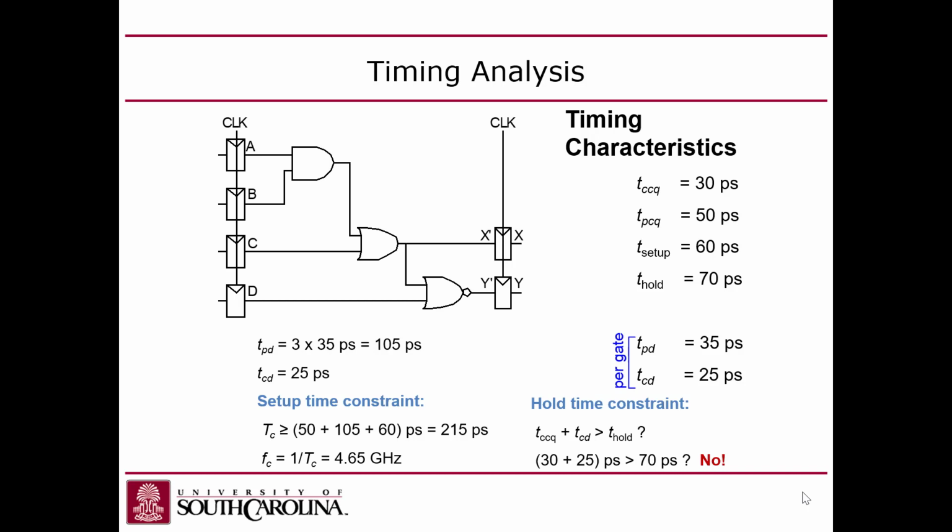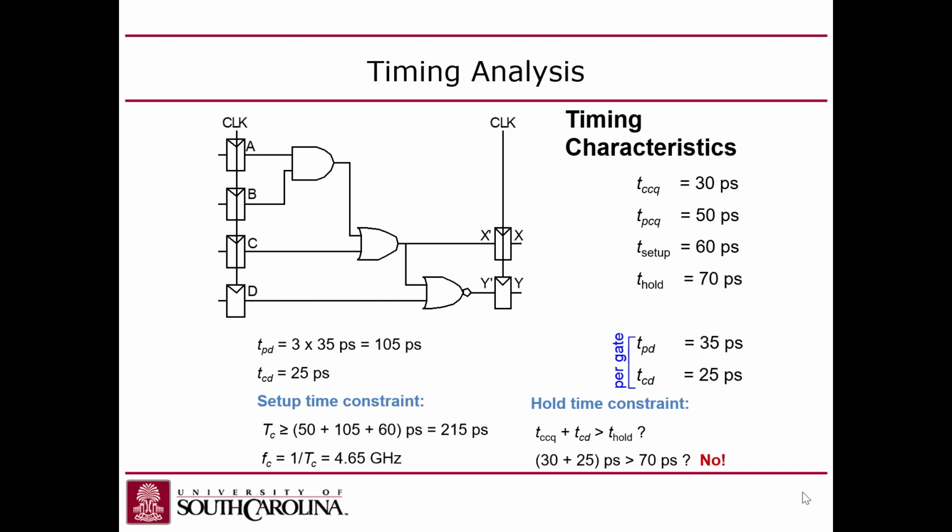The setup time, from the equation given on the previous slide, says that the clock period must be greater than or equal to the propagation delay of the flip-flop, which is 50, plus the propagation delay of the logic, which is 105, based on the critical path, plus the setup time, which is 60, right?